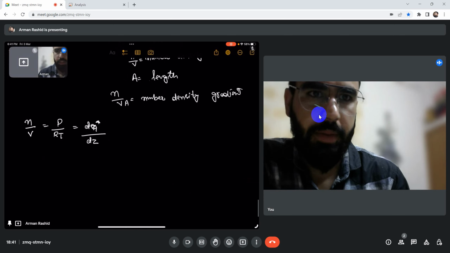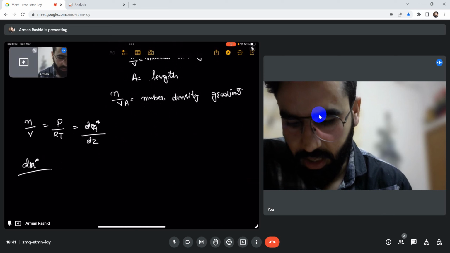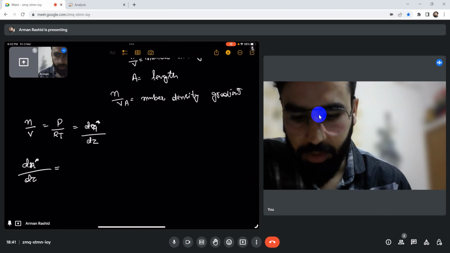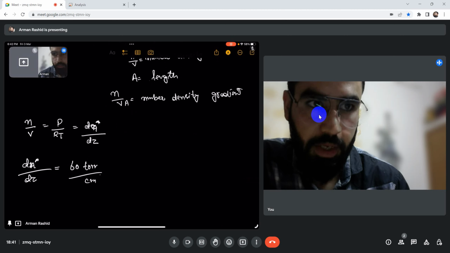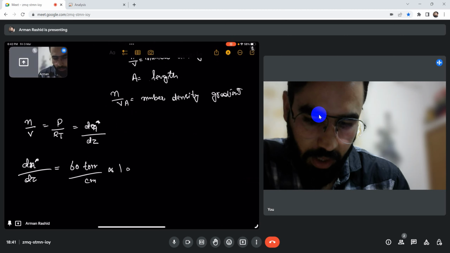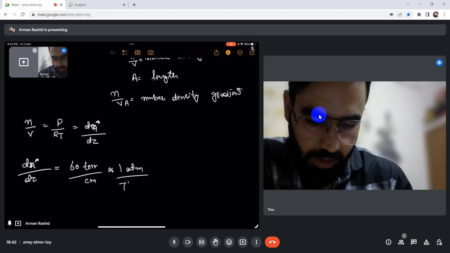So this is the number density gradient. How we'll calculate it: dn by dz will be equivalent to the pressure gradient, which is 60 torr per centimeter, multiplied by 1 atmosphere by 760 torr.